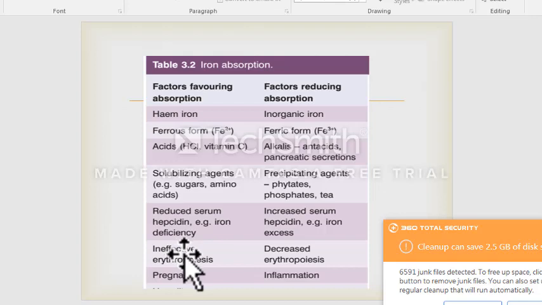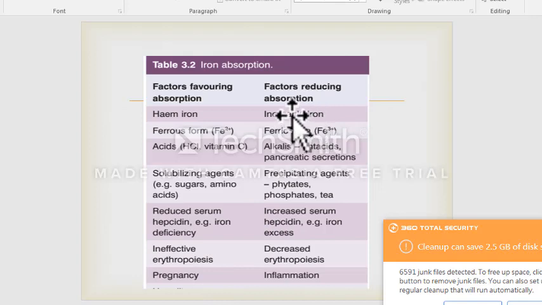So in the peripheral circulation, if there are no mature RBCs, it means that the hemoglobin level is decreased. So when the hemoglobin level is decreased, our body will need more iron. Therefore more iron will be absorbed because the body needs iron, so iron absorption will be increased. And similarly pregnancy. In pregnancy, the body needs more iron, so therefore absorption of iron will be increased.